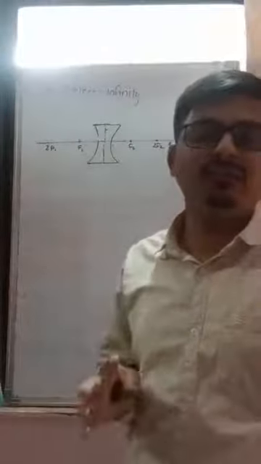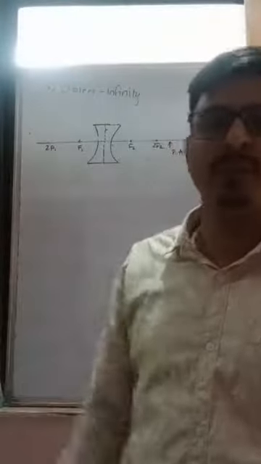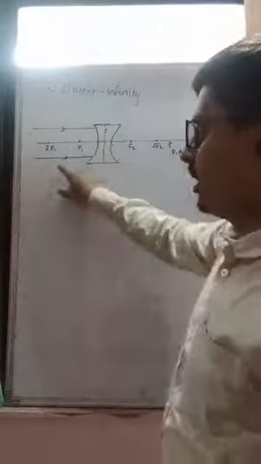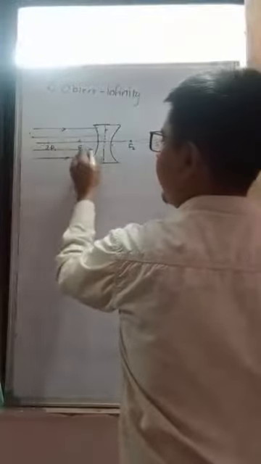Suppose we keep an object at infinity. The rays of light coming from infinity will be parallel to the concave lens like this. This is the first extreme ray, and this is another extreme ray in the lower section, and all the other rays will be parallel in this way.